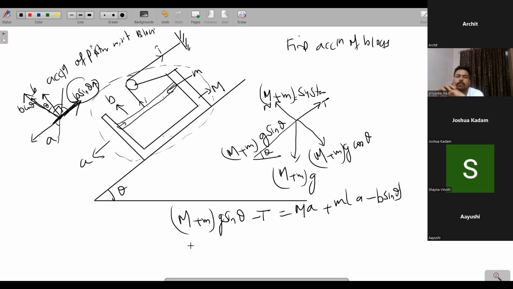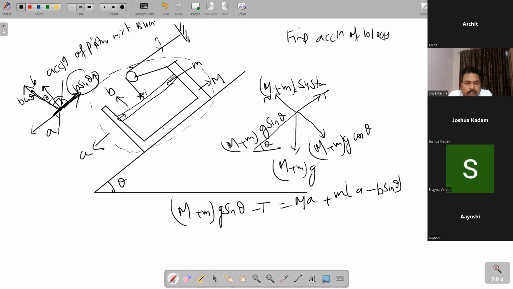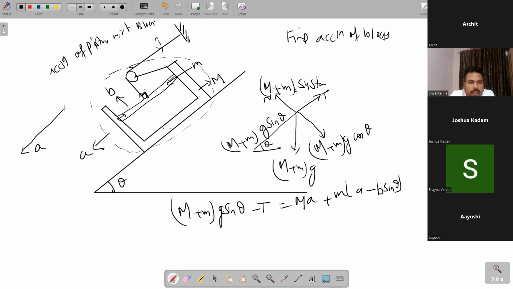Okay, I believe I wrote the diagram wrong here. The diagram is correct. This is perpendicular, so its component will not exist. One second, I told it wrong, that's why you're confused. This is perpendicular, and this is the inclined plane. A is along the inclined plane, and this is the B of piston, right? B of piston. But this tension, this rope is perpendicular. So this will be along the normal.